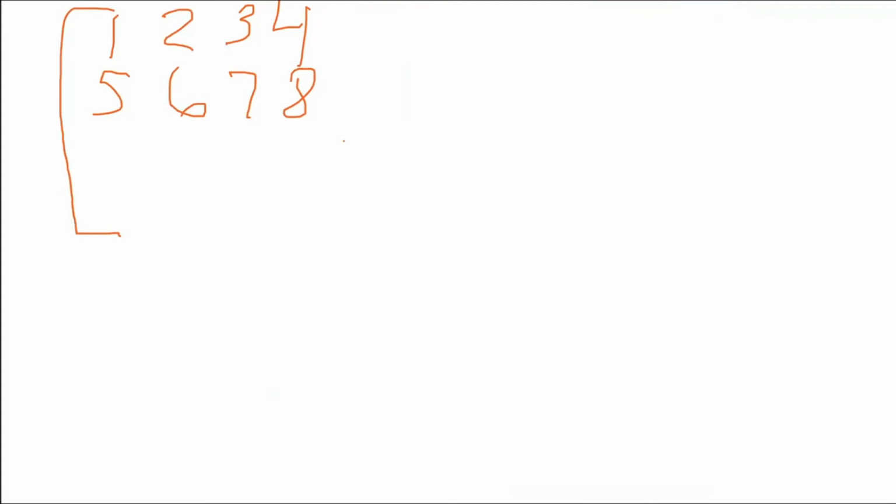We have a matrix: 1, 2, 3, 4, then 5, 6, 7, 8, 9, 10, 11, and 12. So it's 3 rows and then 4 columns.